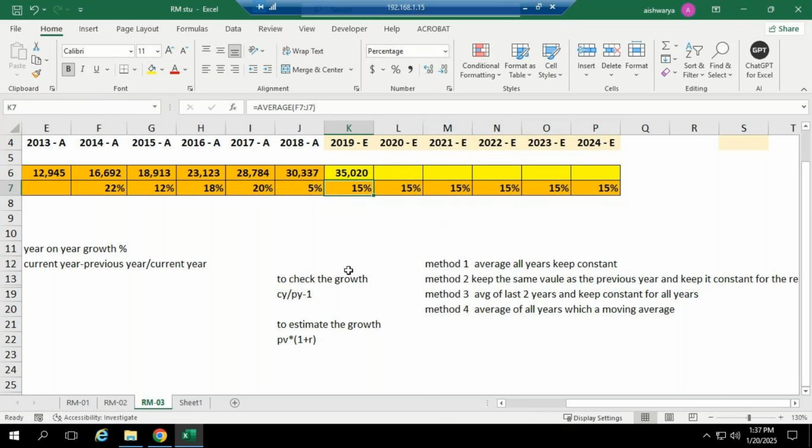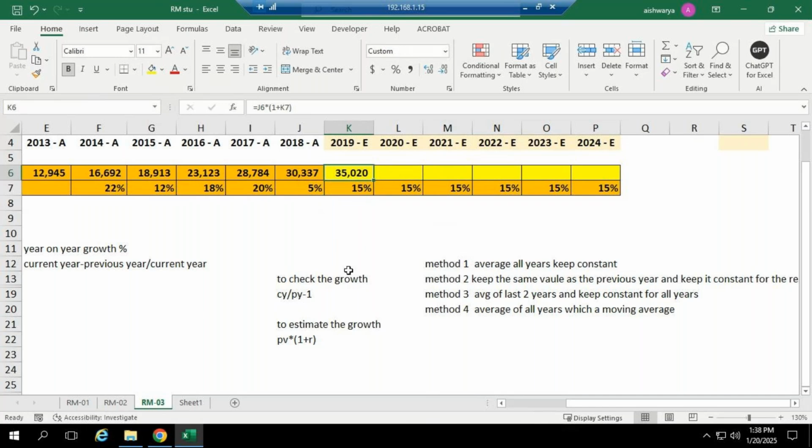Or else you can use the easiest way of doing it: is equal to 30,337 into, open the bracket, 1 plus 15%, then close the bracket, enter.